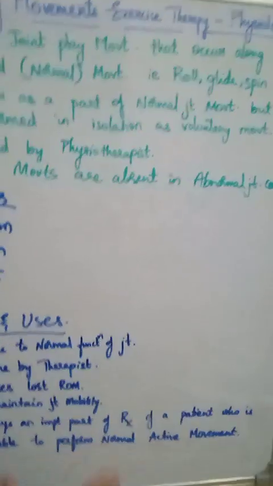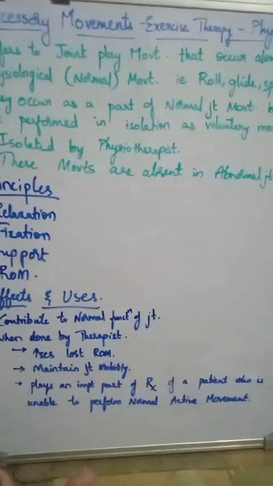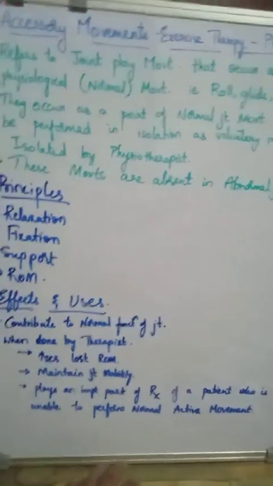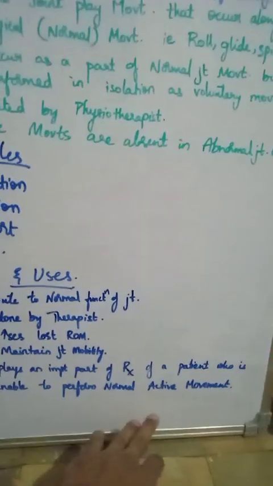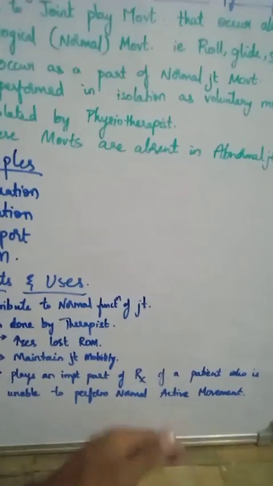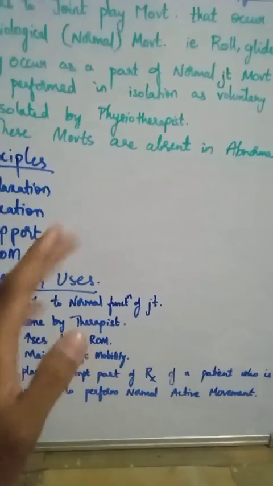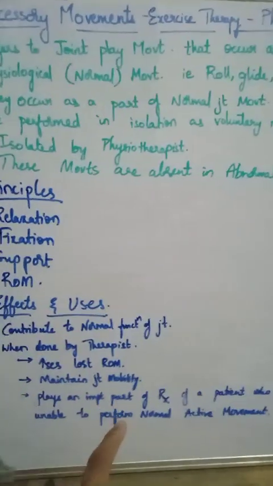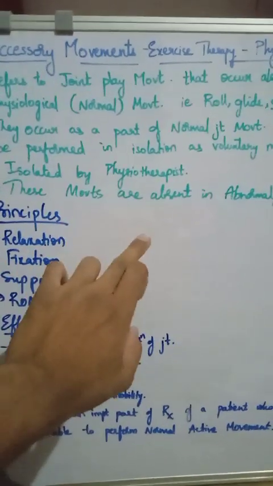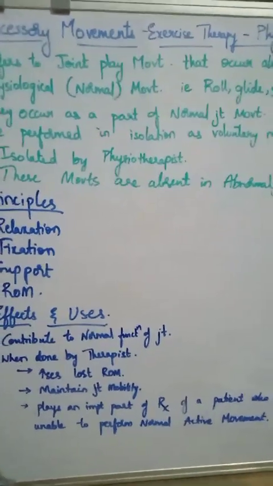If the person's joint is good, well and good, why do we need to do these movements, isn't it? So when normal active movement is lost, in this condition, we give accessory passive movements. I have said it is isolated by the therapist. How does the therapist isolate this?